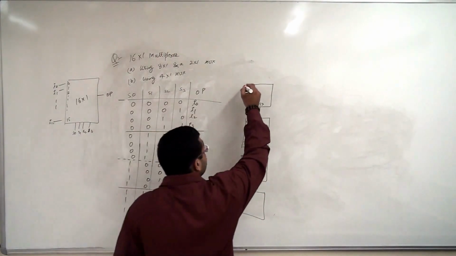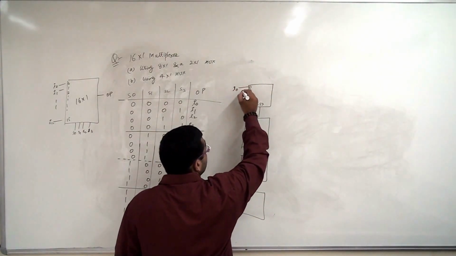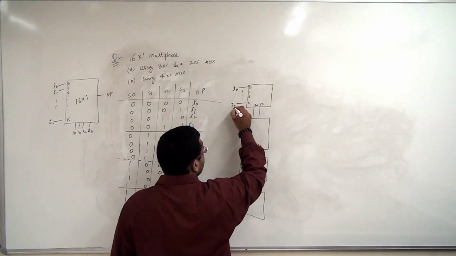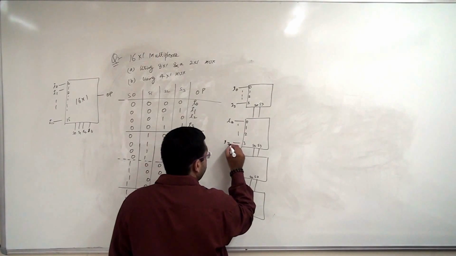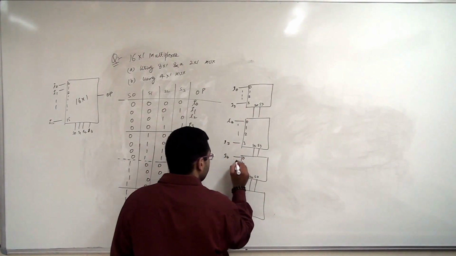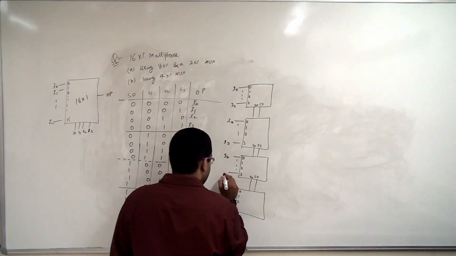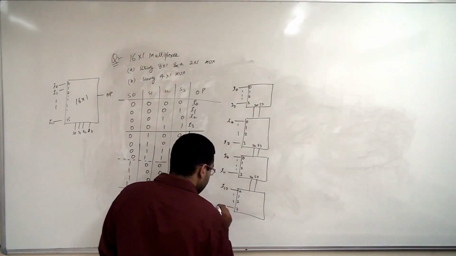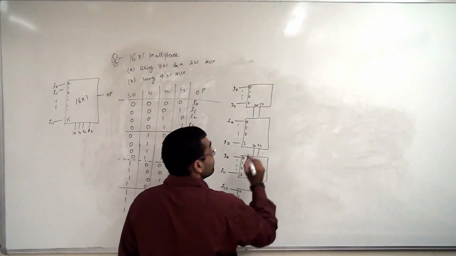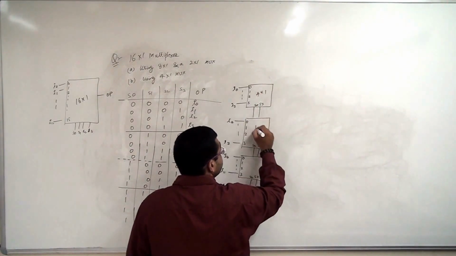Now for the first multiplexer, input will be going from I0 to I3. Here it will be from I4 to I7. Here it will be from I8 to I11. Here it will be from I12 to I15. These are 4 cross 1 each.